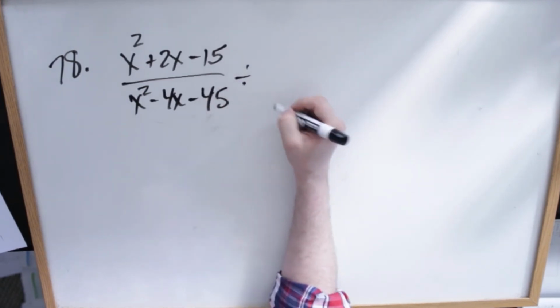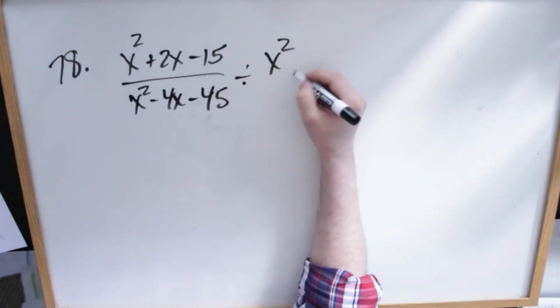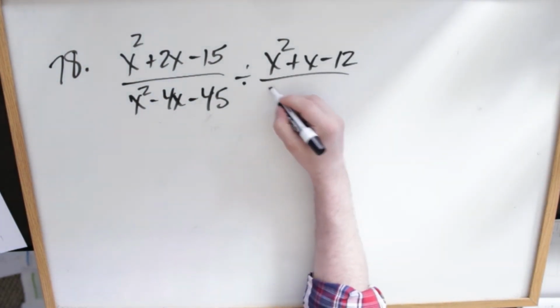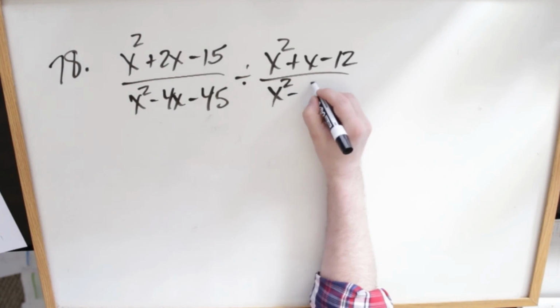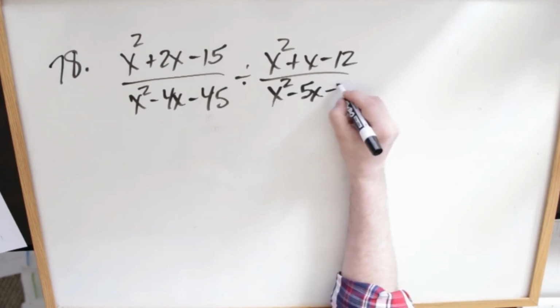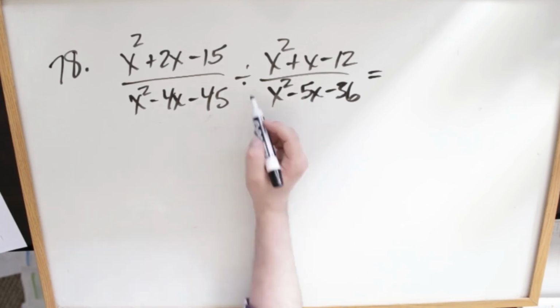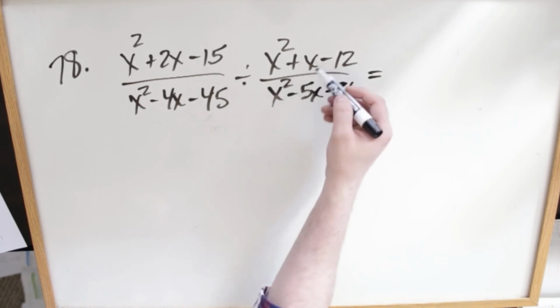divided by x squared. Lots of factoring going on here, as you can see, all over x squared minus 5x minus 36. All right, so first things first. Well, I'll put it down here. Division sign means we flip it and we multiply.